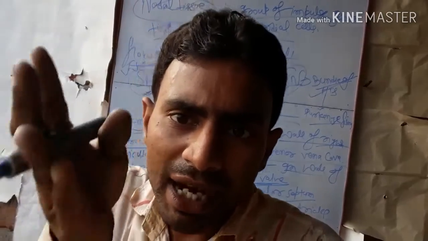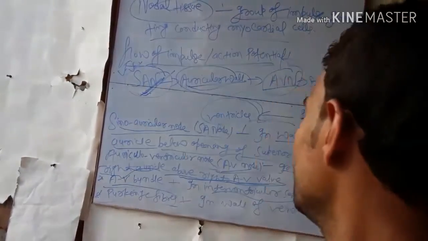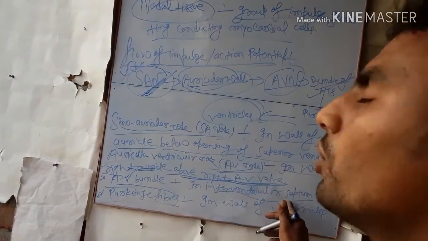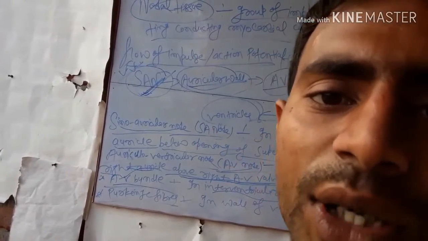Left ventricle, right ventricle. The partition present between the left ventricle and right ventricle is called the interventricular septum. Because this partition is present between the left and right ventricle, inter means between and ventricular means ventricular.